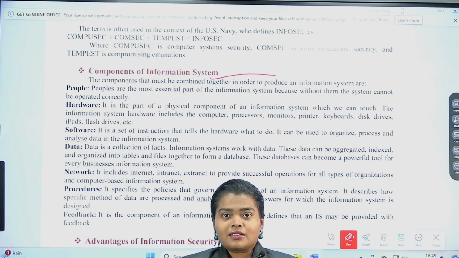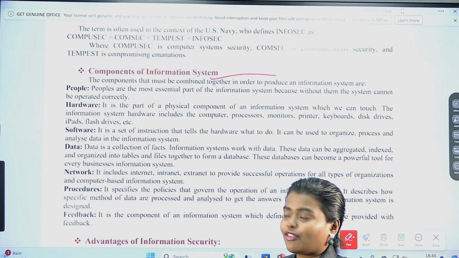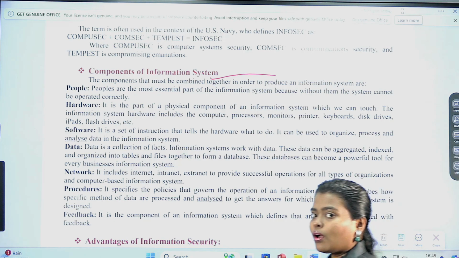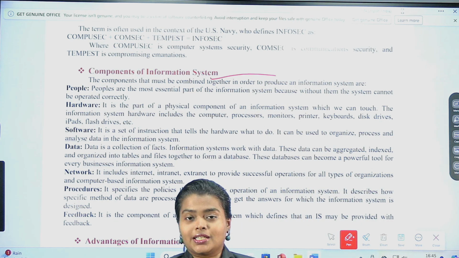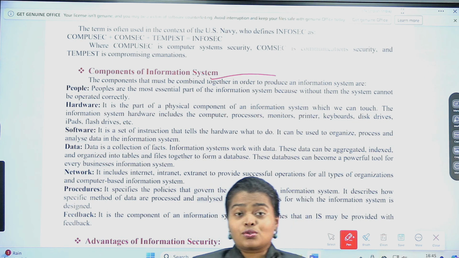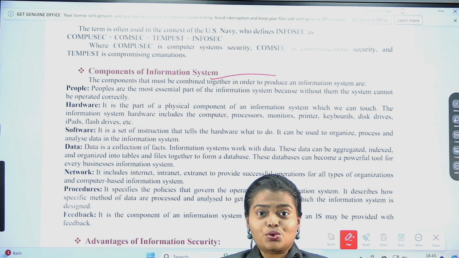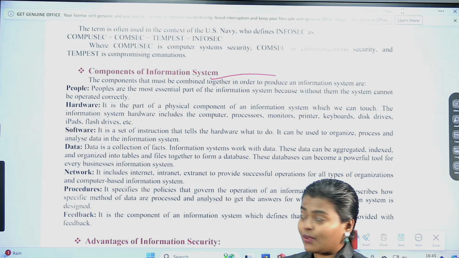In today's lecture, we are going to see components of information system. Components are nothing but the parts, and we are going to study each and every part individually. Overall, all these parts together contribute to our information system. Now let us see one by one.